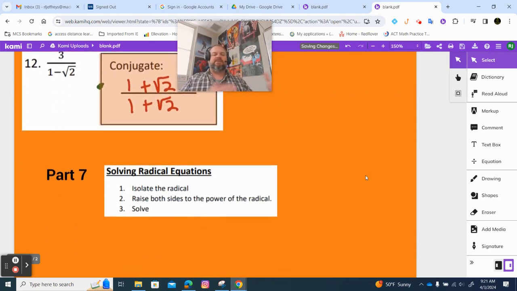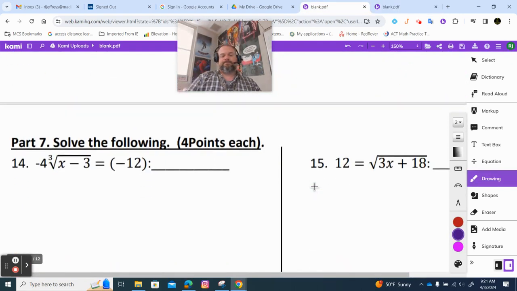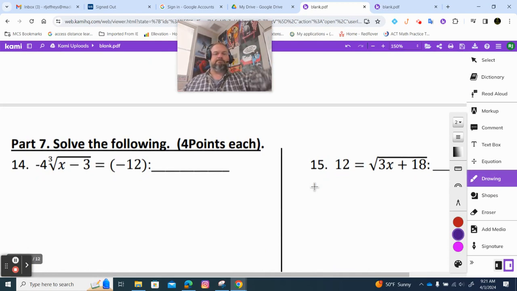So, part 7, solving radical equations. This is what we did yesterday, which was Tuesday. Monday: isolate the radical, raise both sides to the power of the radical, and then solve. Okay, on number 14, is a radical isolated?